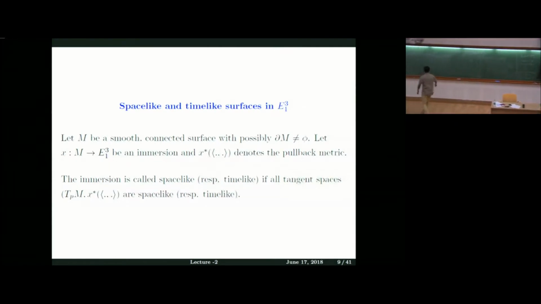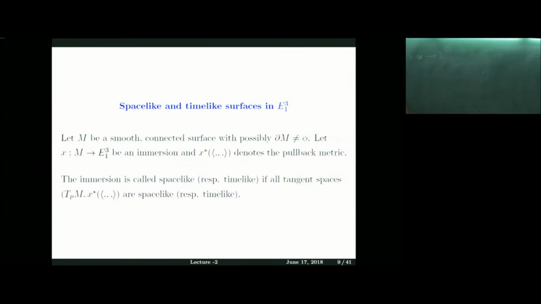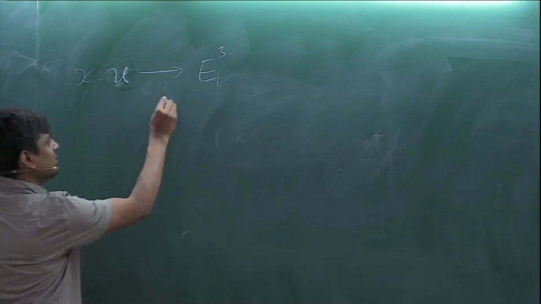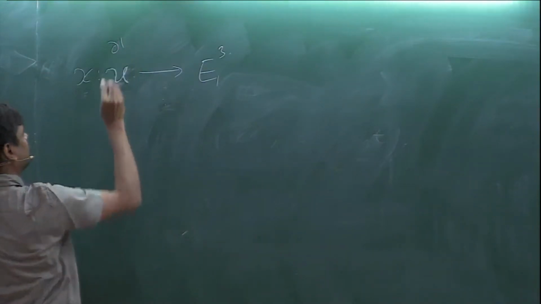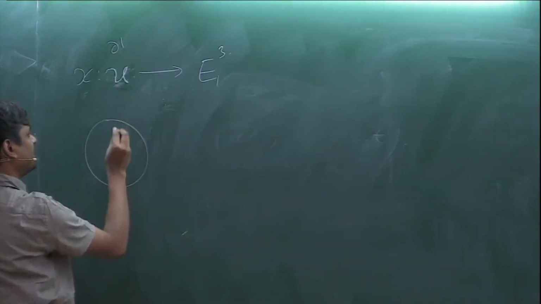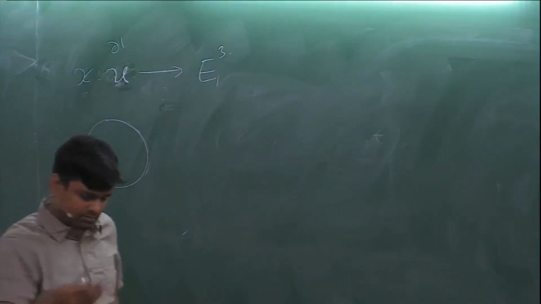Okay, clear? And then this is the immersion. So, a smooth connected surface with boundary. Suppose I am taking a disk here, with a possible boundary, because we will be needing this.